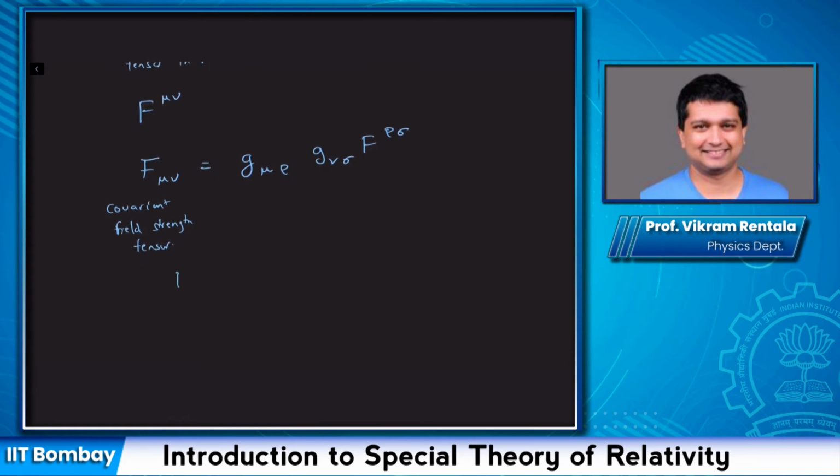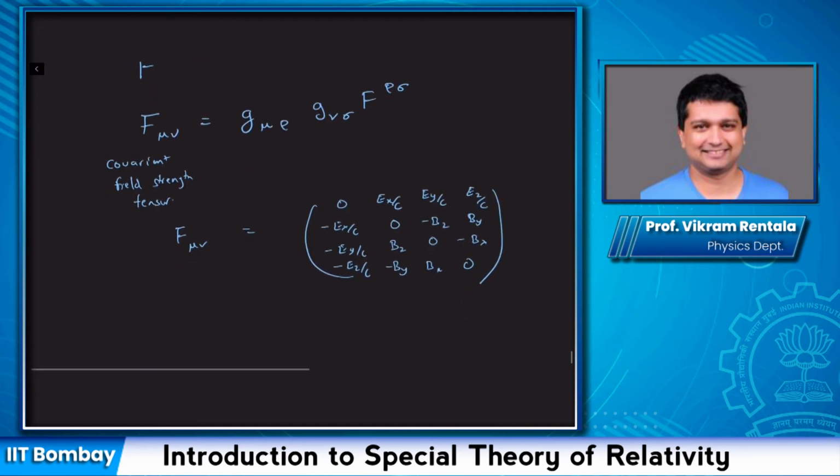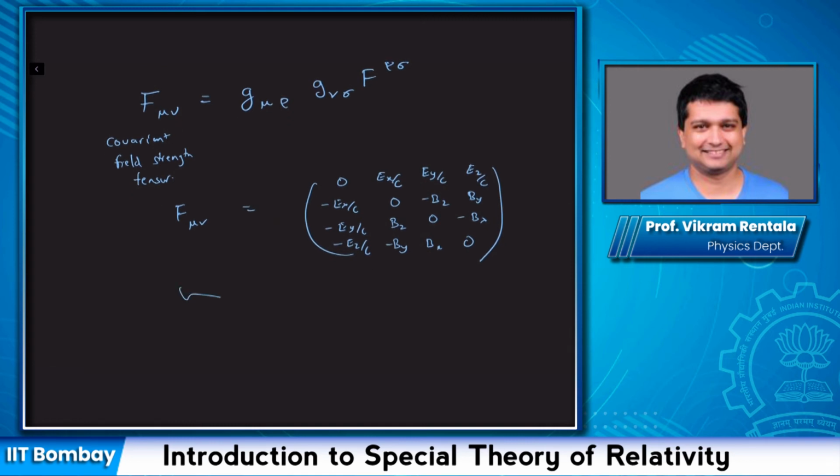In matrix notation, I can write down the components of this like so, okay? So this would give me the covariant field strength tensor. Of course, this is not a different object. It's still made up of the same electric and magnetic fields, just written differently. Okay, and if you'll recall, a covariant index transforms using the matrix lambda transpose inverse.